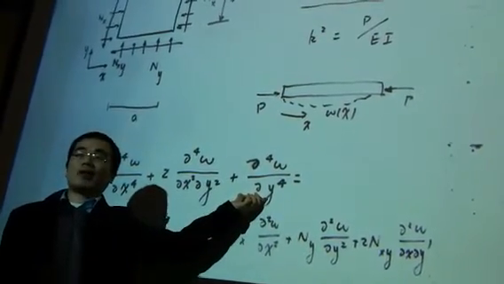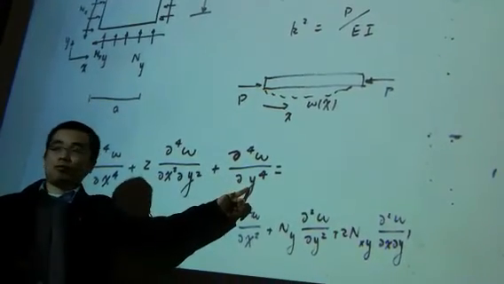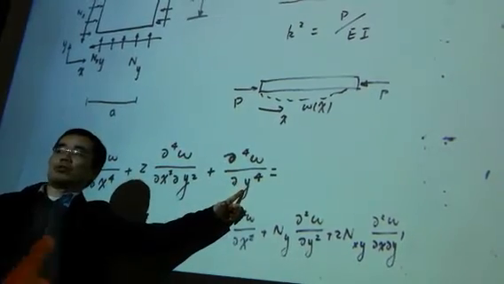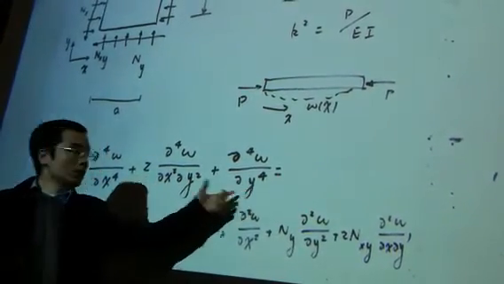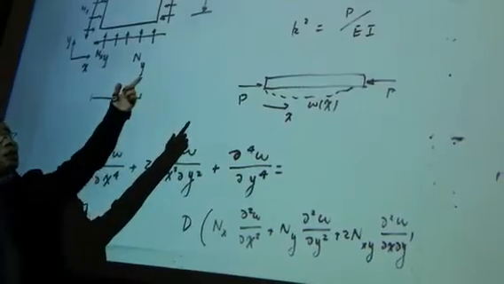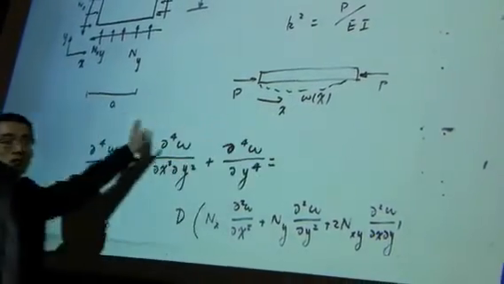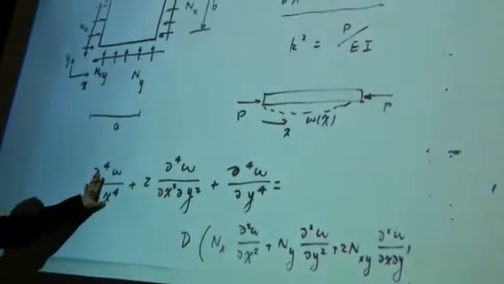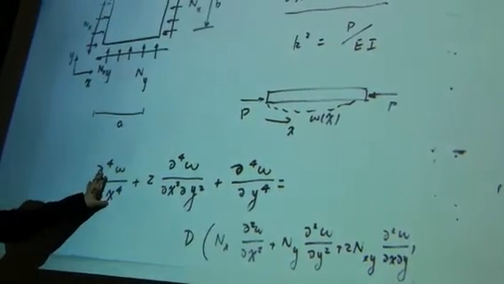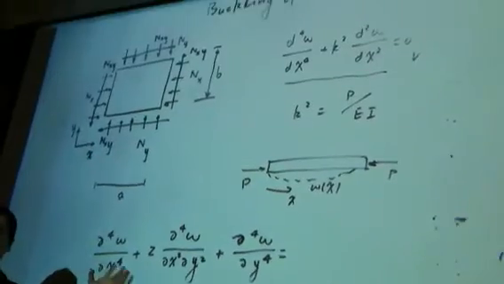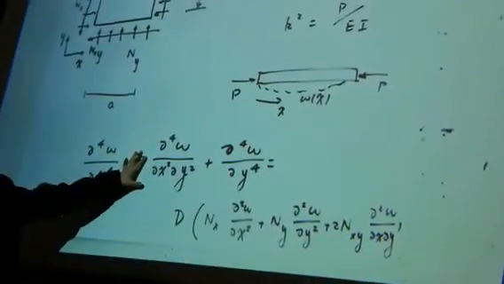You also have buckling along the y direction, so you have deflection with respect to y, fourth order. And you have a cross term. For the column you only have x, because that case is a one-dimensional analysis. This one for the plate is actually a two-dimensional analysis, so you have cross terms, fourth order, and these are the three terms on the left.